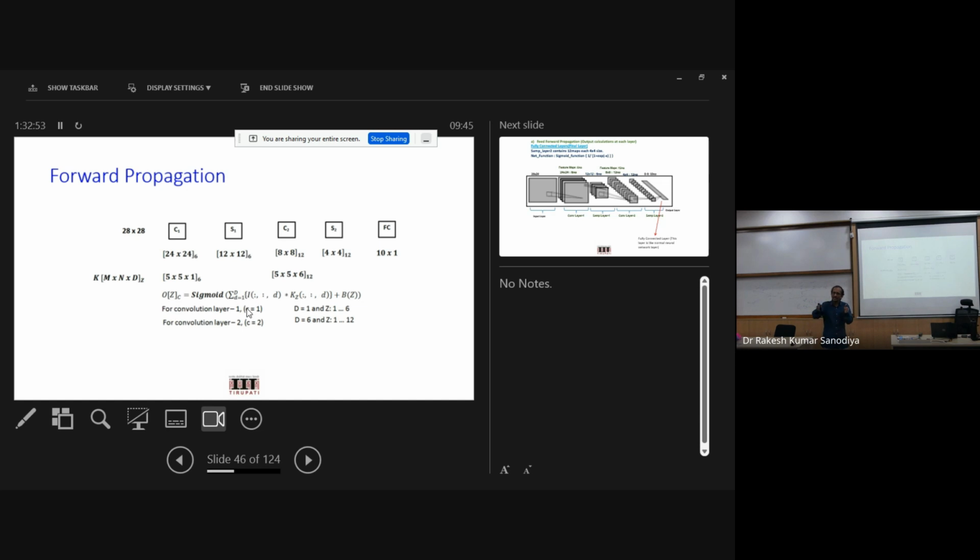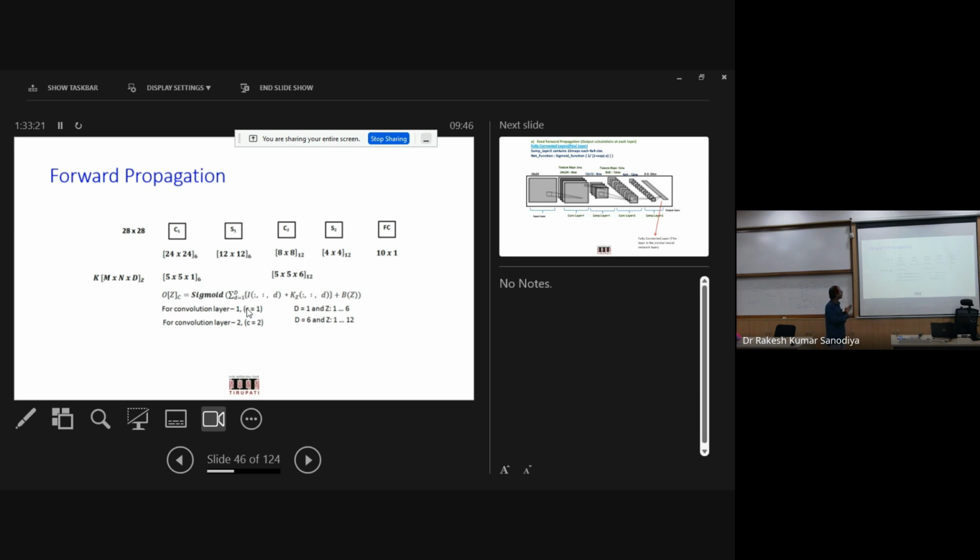If I am doing downsampling in the forward pass, in the backward pass I do upsampling, that's all. That means if I take 4 values here, average them and put one value here, then I take the delta here and put delta by 4 at all 4 locations. Whatever the forward operation is, I put it as reverse.